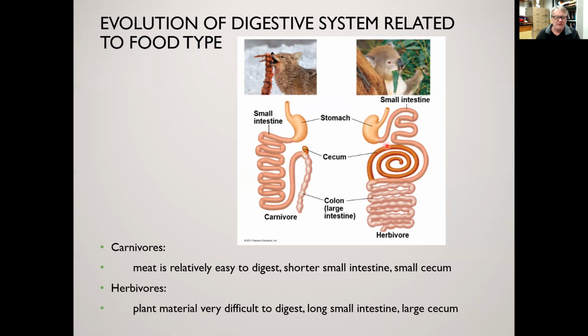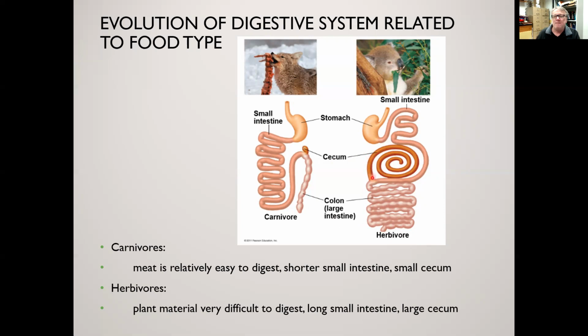And if you compare the digestive tracts, you will note that the koala devotes an enormous amount of area to the small and large intestines. But in addition to that, the wolf has a cecum very similar to ours where it's really not functional. Whereas the koala bear actually has the record for the longest cecum known in the animal kingdom, because this is where the primary digestion of the cellulose fibers is done.